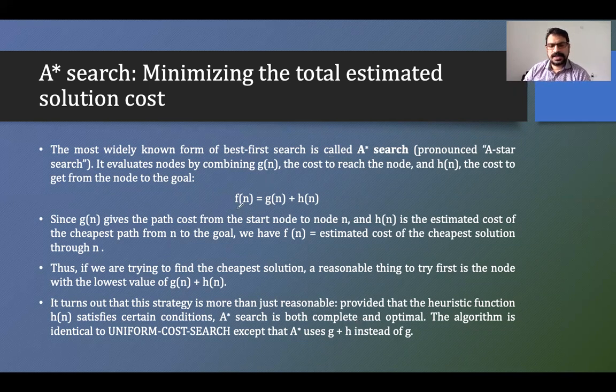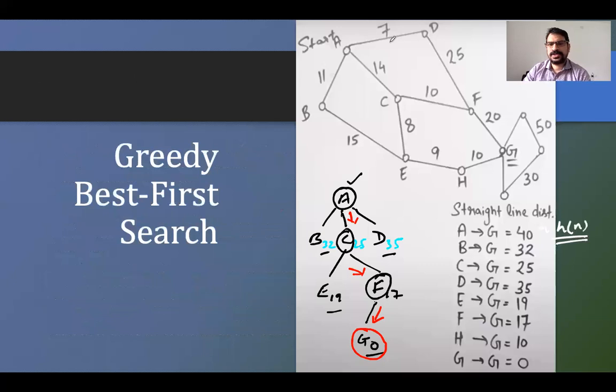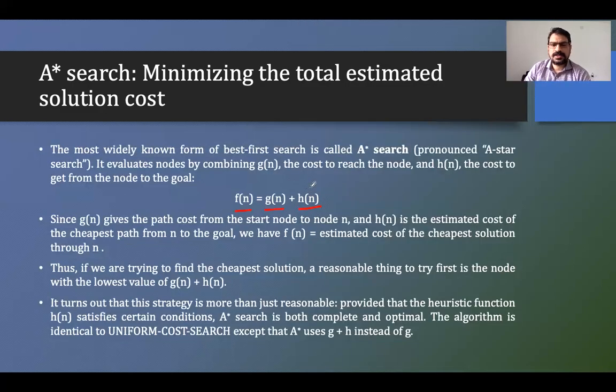This particular A star search function we are going to relate with the path cost plus heuristic. Heuristic is nothing but the cost estimation from the node to the goal node. That cost is h(n). g(n) is my path cost, which we have seen earlier, how we calculate the path cost in the uniform cost search.